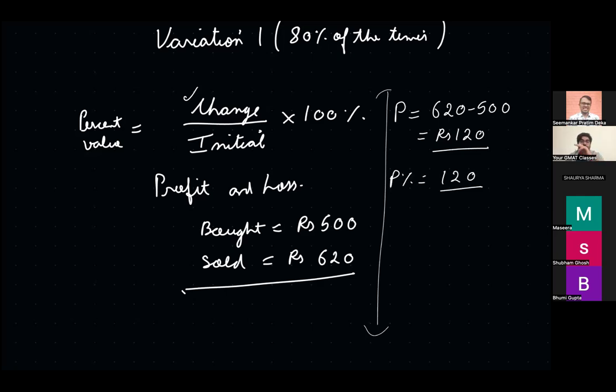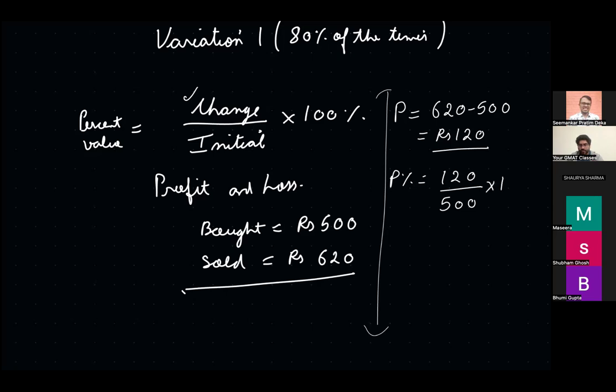What comes first, cost price or selling price, class? Cost price. So cost price is 500. So 120 by 500 into 100%.